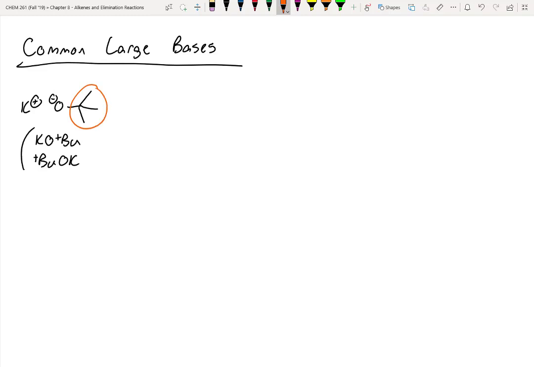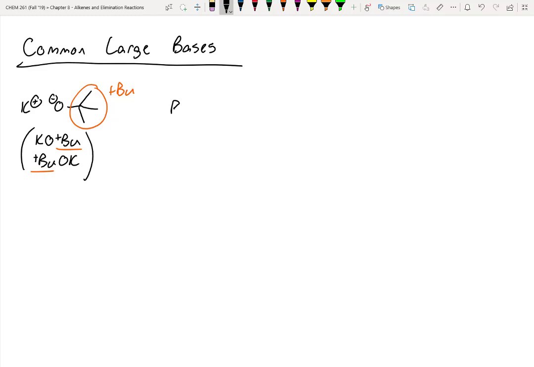All that means is this group over here is the tert-butyl group. They abbreviate that as lowercase t followed by Bu, but it always has to be in that order. The oxygen's attached to it, and potassium is just a spectator.